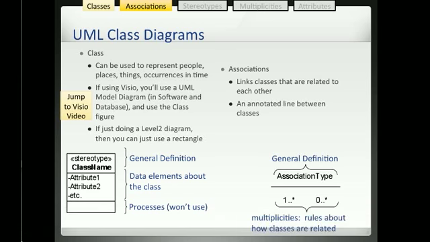A class is used to represent objects that are in the real world. In general, these objects could represent people, places, things, or occurrences in time. Although it could be used to document any type of scenario, if you focus on the business domain, people could be represented including employees, salespeople, customers.